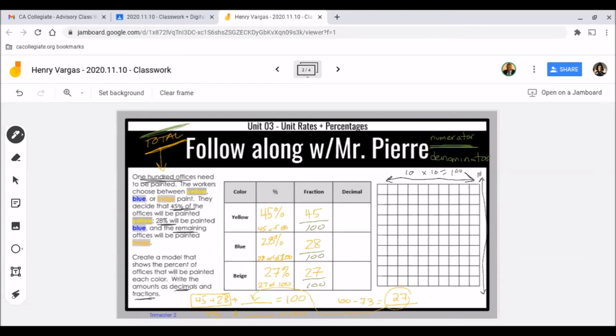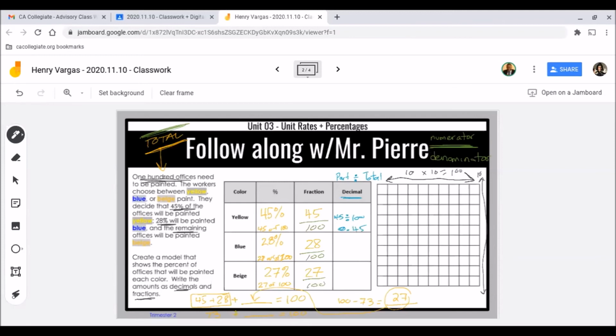Last but not least, we have our decimals. And to calculate the decimals, we know we're going to need to use our calculator, where we're going to take the part and divide it by the total. When we look at our fraction, the part is 45. The total is 100. And when we divide 45 divided by 100, that's equal to 0.45.